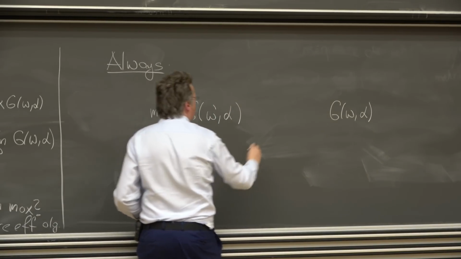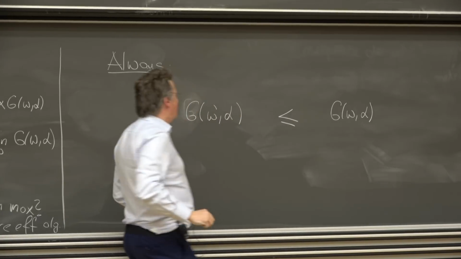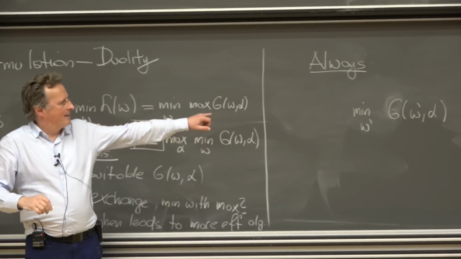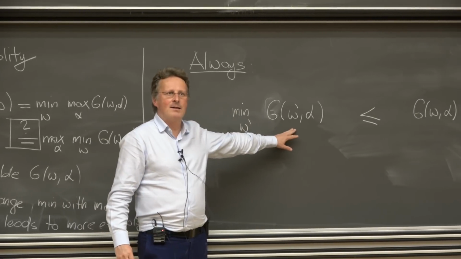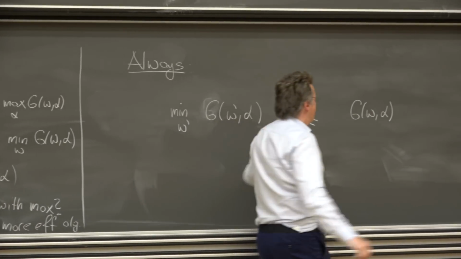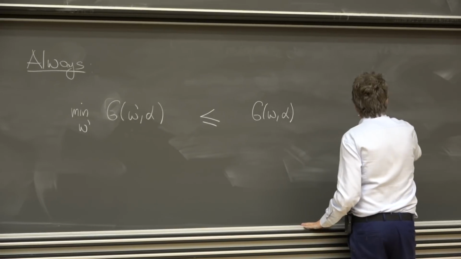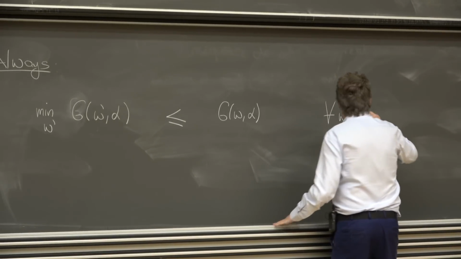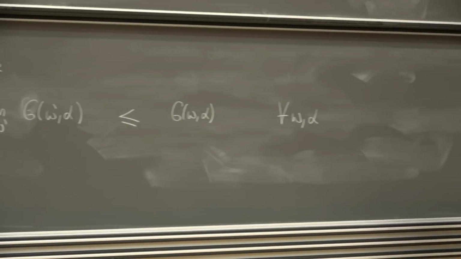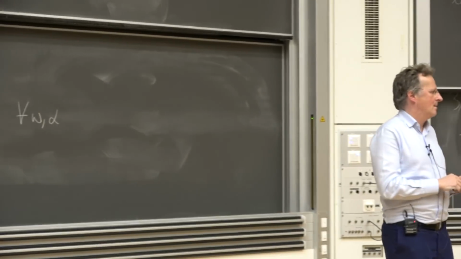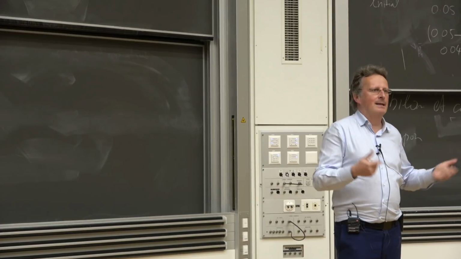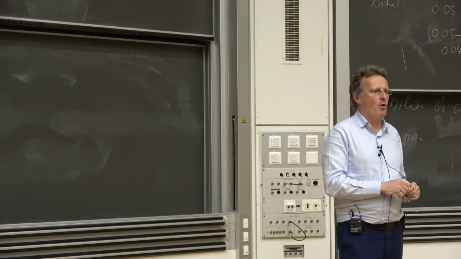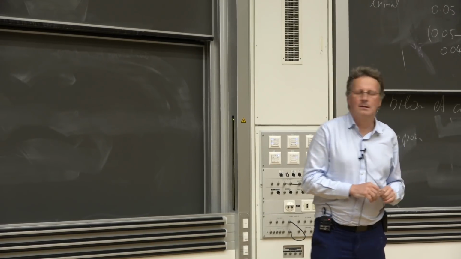Clearly, if I take the function on the left-hand side and minimize it over all the W prime, then I will have this inequality, and this will be true for all the W and for all the alpha in the domain that I'm interested in. Is that clear? Just taking the function on one side and minimizing over something can make things only smaller. So far, so good.